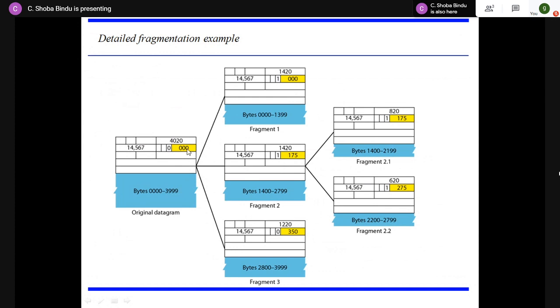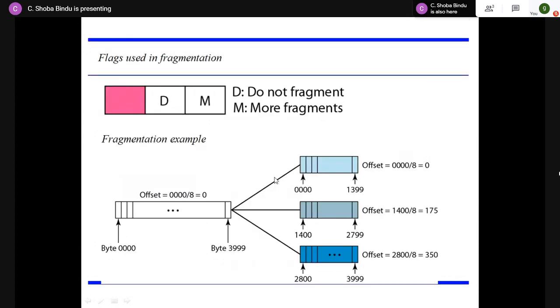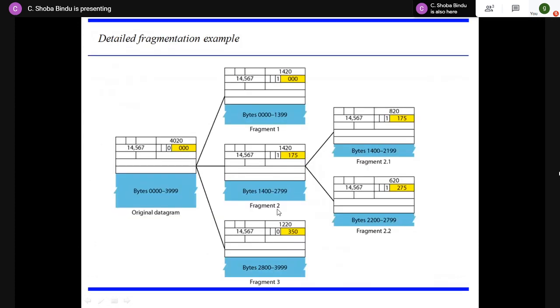Then these 4000 bytes have to be divided into 3 fragments, as in the previous example. This identification will be carried in all the further fragments.